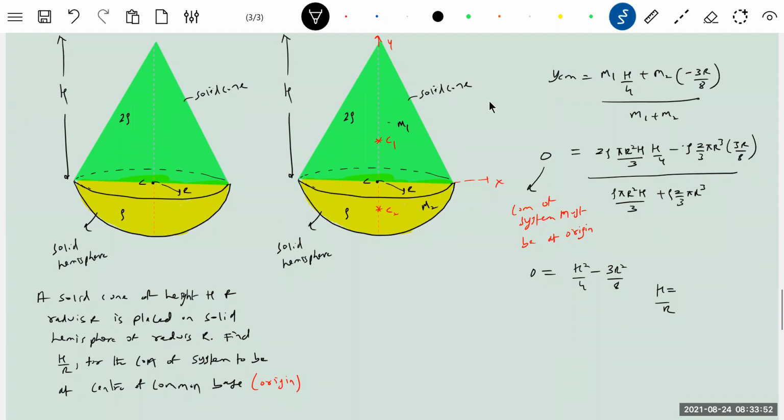Yeah, okay, this one, I think some problem. The 2 rho and rho, anyway, they'll be multiplied with 0, no? h by r is equal to 3 by 2.